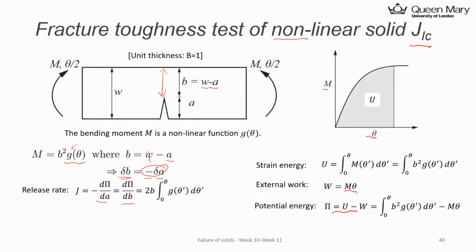So basically you substitute M equal to b squared G(theta). You do the derivative, you will cancel that, and then b squared will become 2b here, and the G(theta) will still stay here.